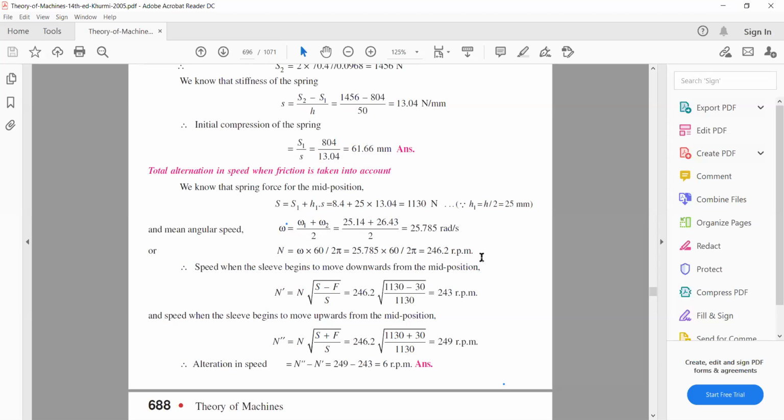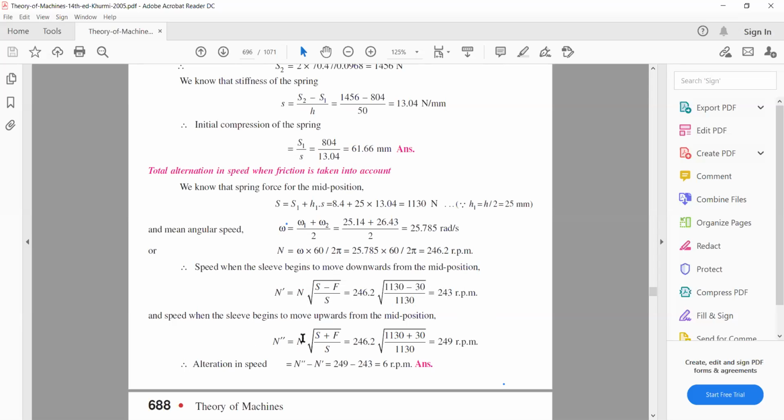Now the speed when the sleeve begins to move downwards from the mid position. Using one formula, N dash equals N into the square root of (S minus F) by capital S, and the value comes to 243 RPM.